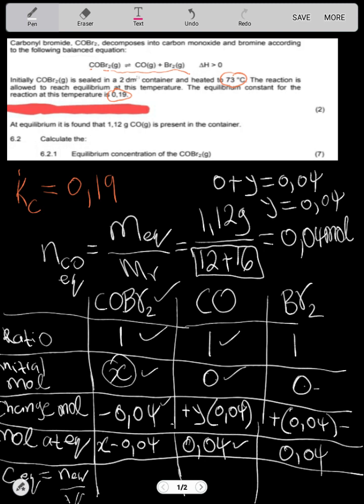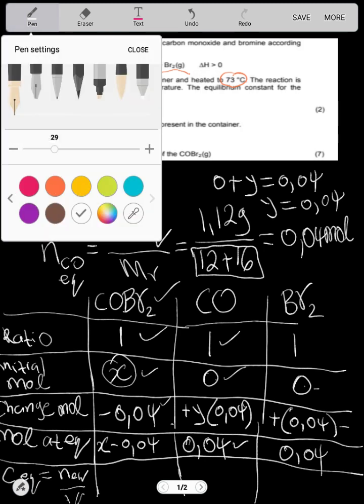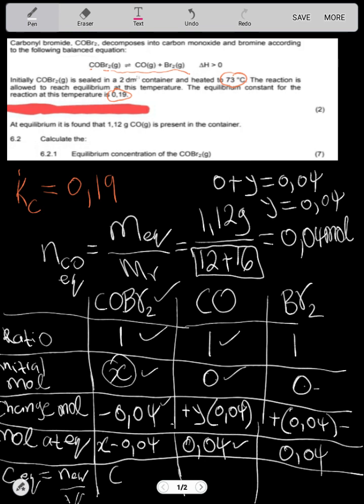So I will take all of this mole at equilibrium and divide by 2. So it's going to be x minus 0.04 all over 2. That will be the concentration. And then 0.04 divided by 2 is 0.02. Same story here, it's going to be 0.02 because the volume of the container is uniform. It is constant throughout.